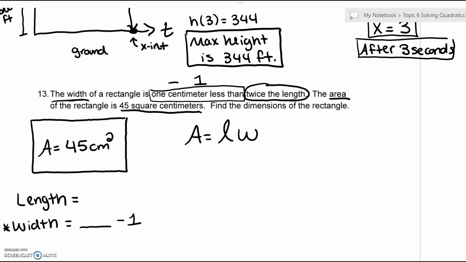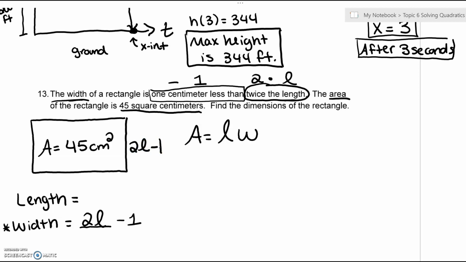Remember, twice means times 2. So I have to do 2 times whatever we let the length be. So I'm going to take that 1 centimeter less than, that minus 1, and I'm going to minus that 1 from 2 times the length. So my width on my rectangle is going to be 2L minus 1.